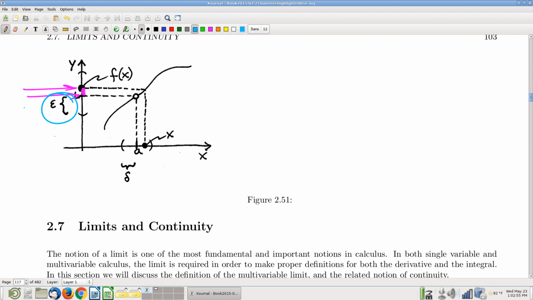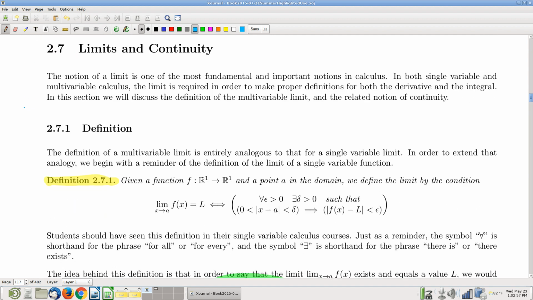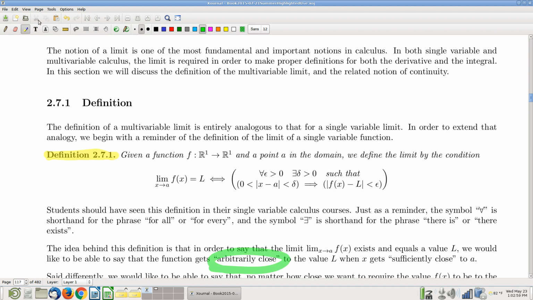Okay, so going back to the definition, arbitrarily close, we're going to represent as: no matter how close, no matter how small epsilon is, no matter how close you need to get to L, there's something that we can do, we'll talk about that in a moment, to ensure that f is indeed that close to L. The distance from f to L is, as required, less than that tolerance, epsilon. Okay, so that's what we mean by arbitrarily close.